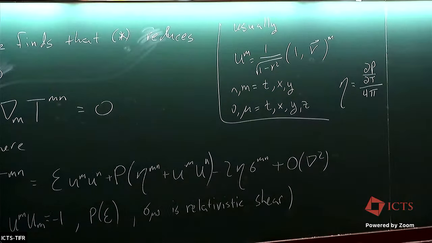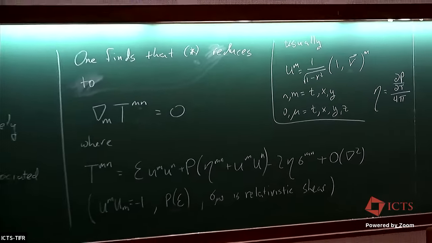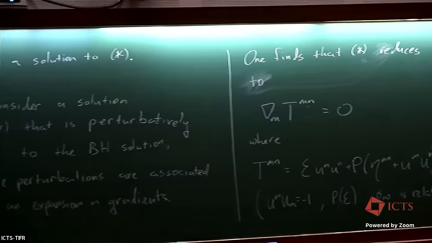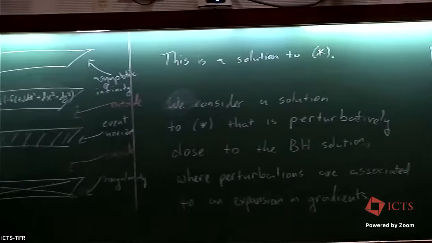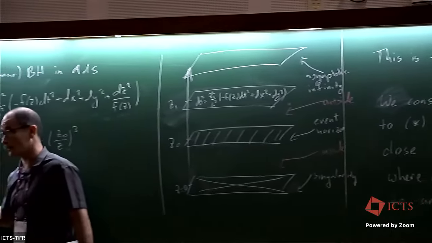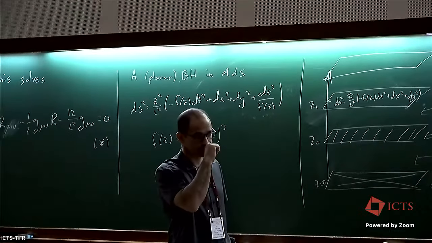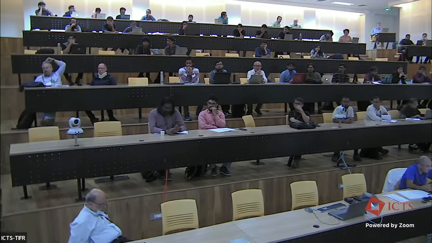It's the entire space-time. The horizon is a submanifold, but I'm expanding the entire space-time. I'm looking for a full solution to these equations. So the horizon is going to be perturbed a little bit, but the entire space-time is also going to have perturbations on it.